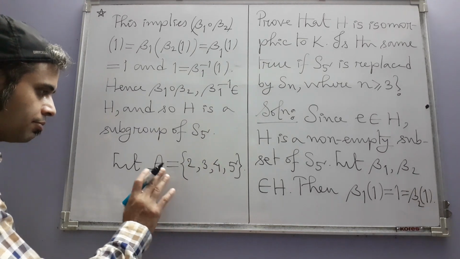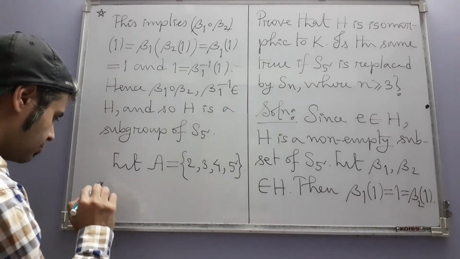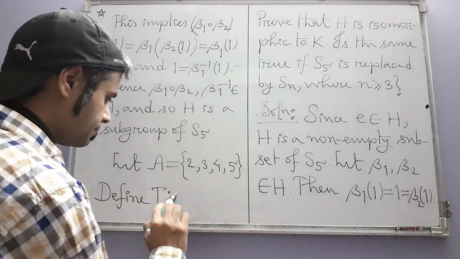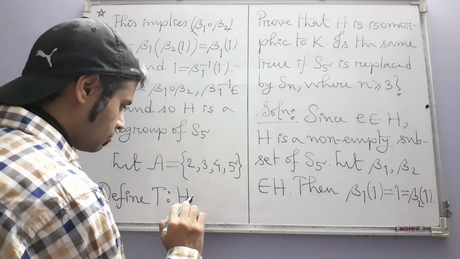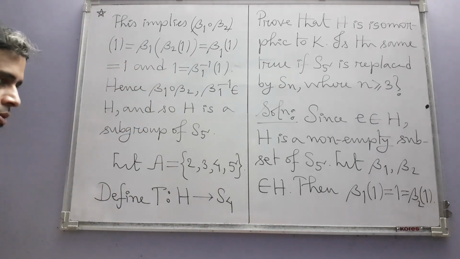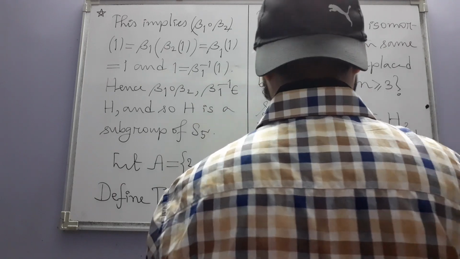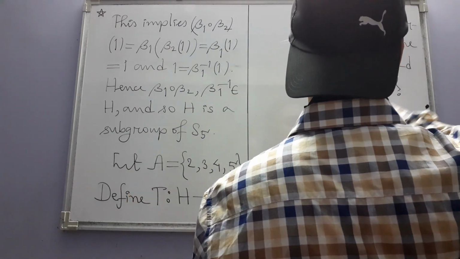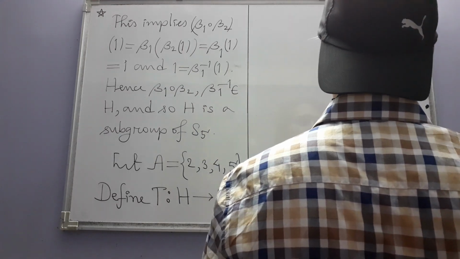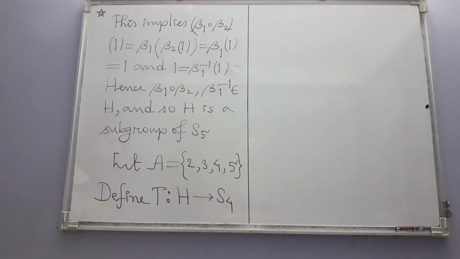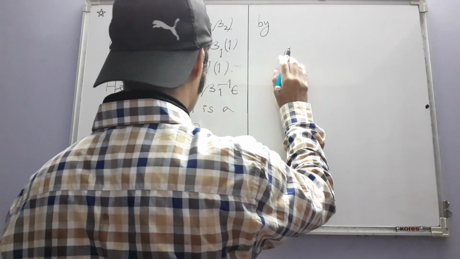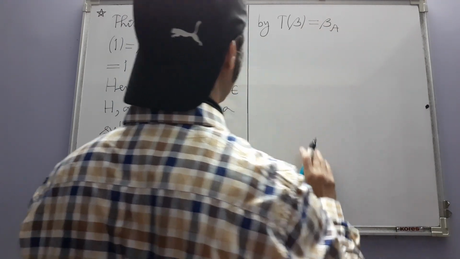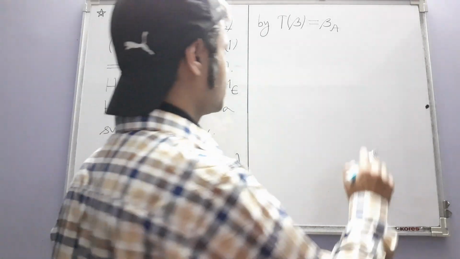From this list we have excluded 1, and now we are going to define a function T from H into S4 by this formula. T of beta equals beta suffix A.